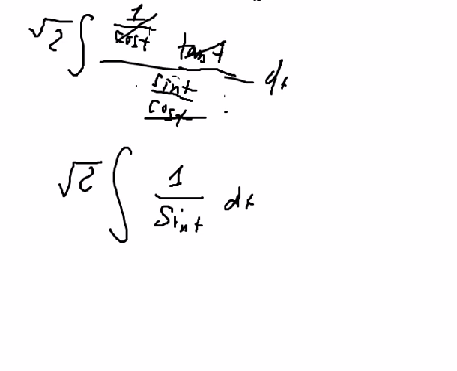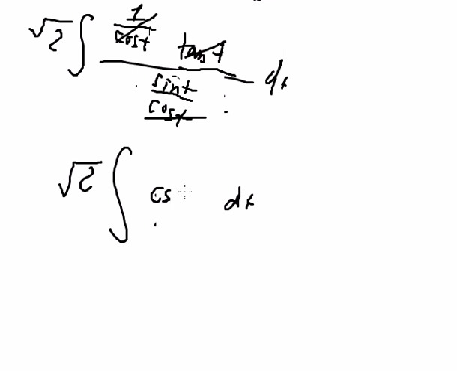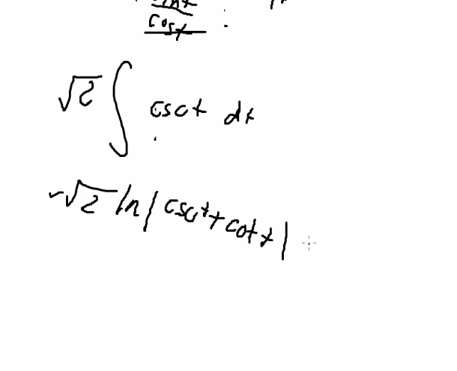We need to change to cosecant of t, and we got negative of the square root of number 2 ln cosecant of t minus cotan t plus c.